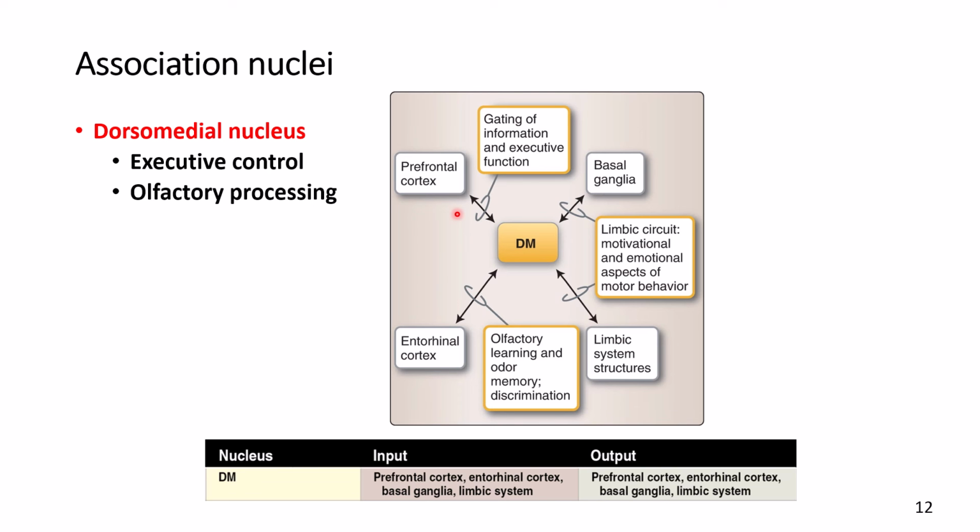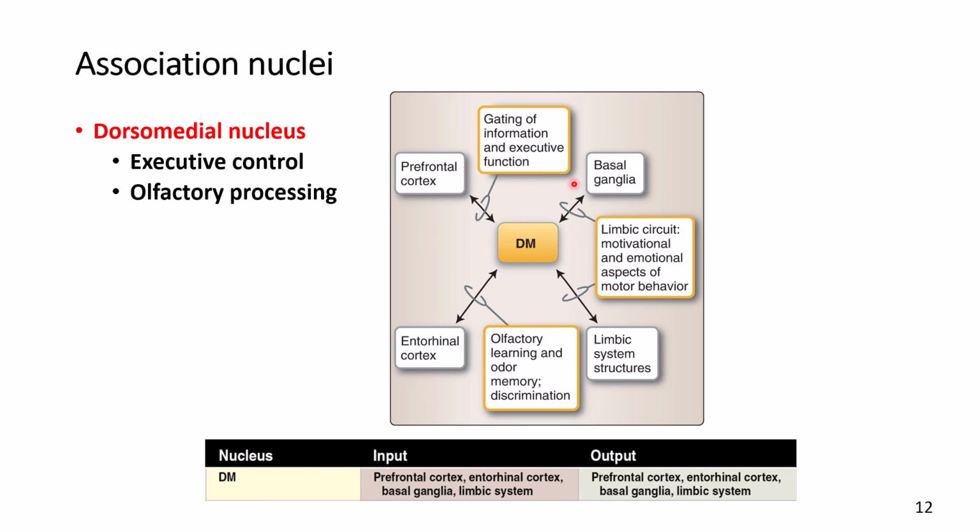And it's also connected with the prefrontal cortex. The dorsomedial nucleus filters some information, and information that it thinks is important, it sends to the prefrontal cortex. So that's the gating of information. Not everything is sent there.